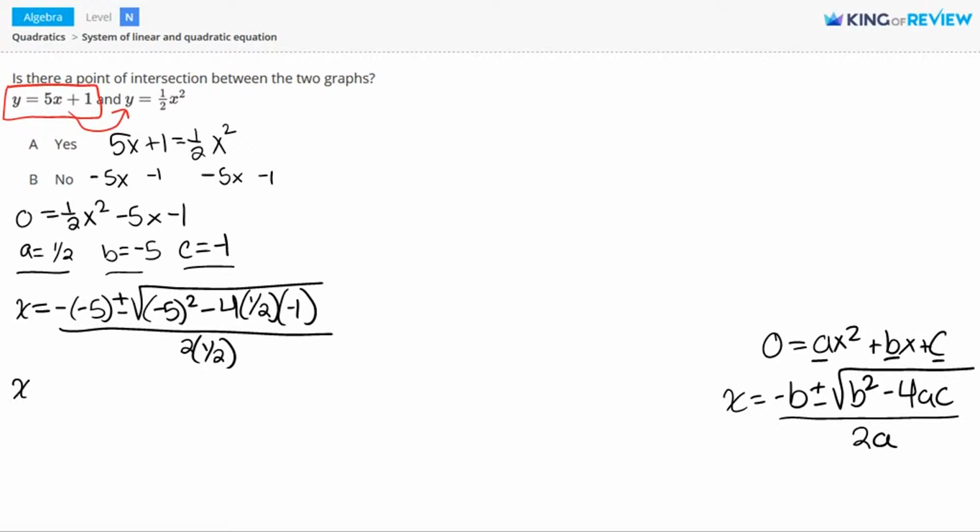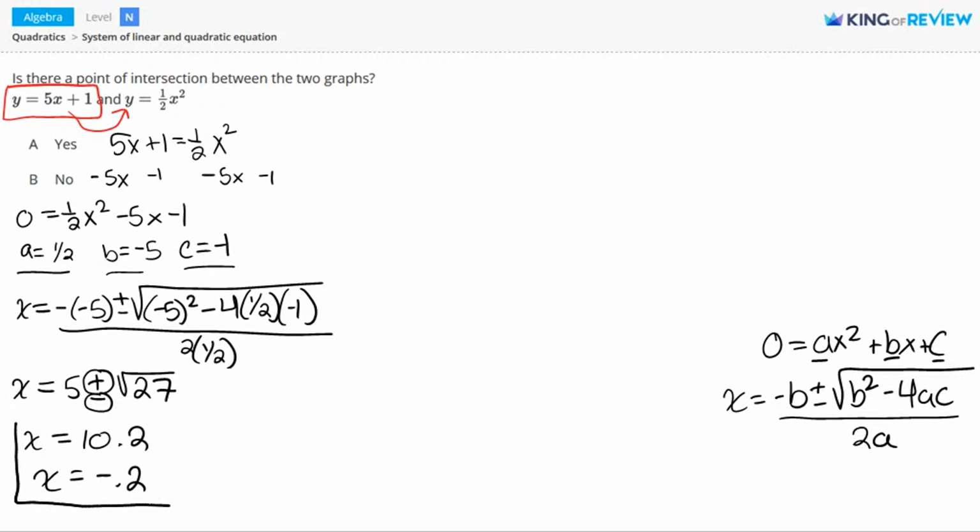When you simplify, you get x equals 5 plus or minus the square root of 27. So we can calculate x. It will have two values. One will be calculated using this plus sign, and the other is calculated using this minus sign. So we have x equals 10.2, and we have x equals -0.2.